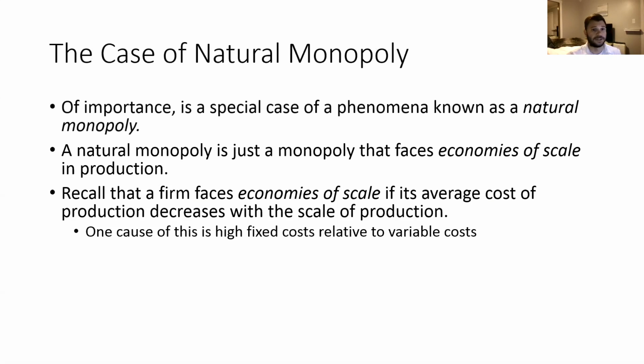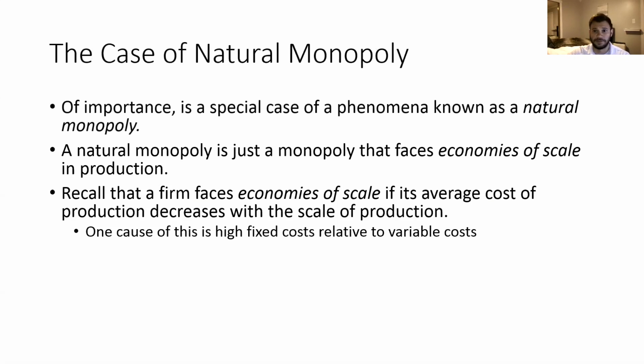So the case of a natural monopoly is often associated with industries where you have really high fixed costs, like telecoms, air travel, anywhere where you have really high fixed infrastructure or fixed investment or fixed R&D costs before you can even produce or sell any units of output.